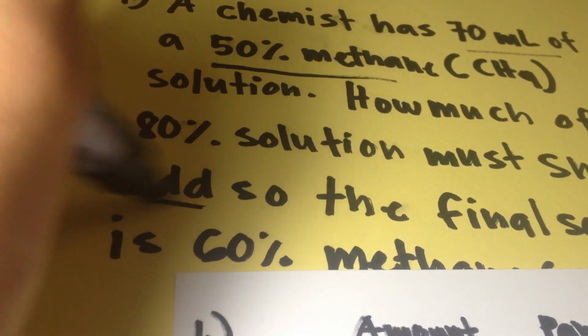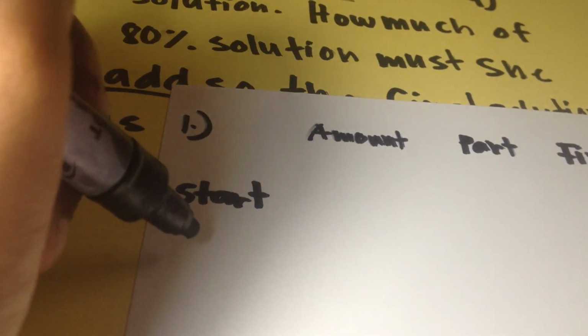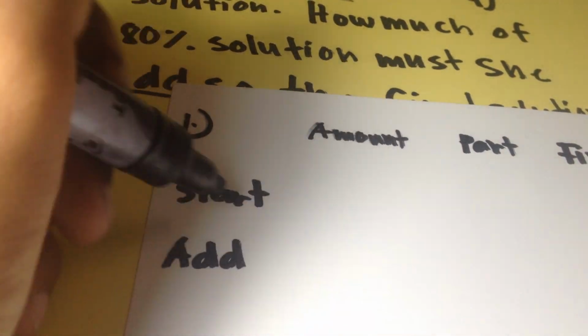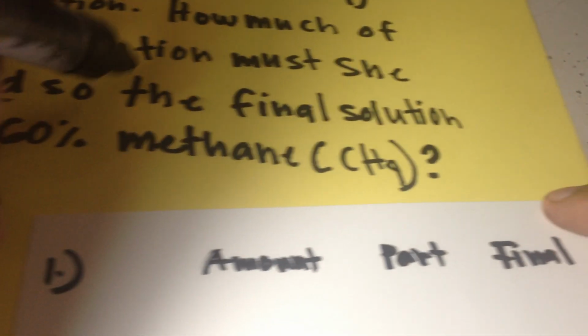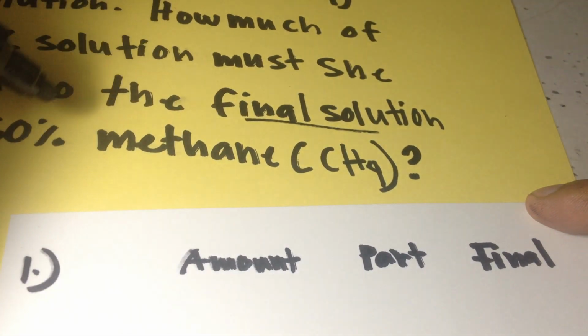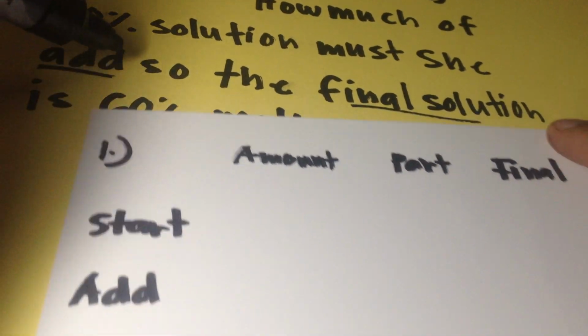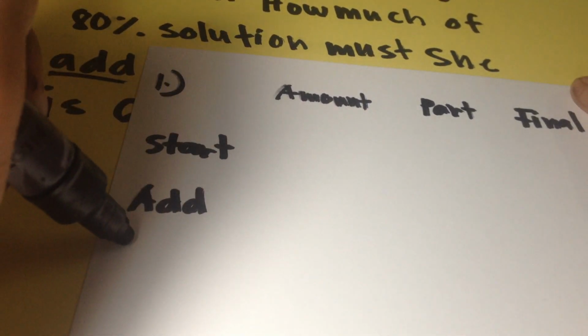The operation here is add, so let's put add here, and the final. The final solution here is 60%, so write final here.